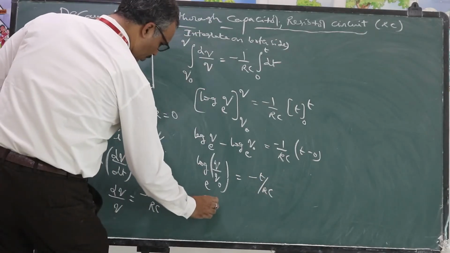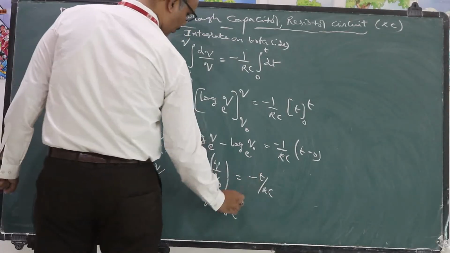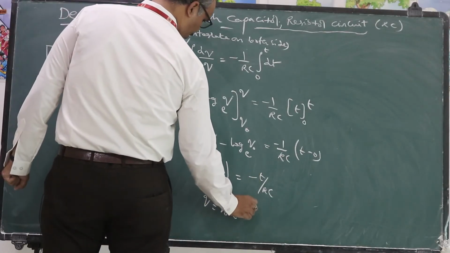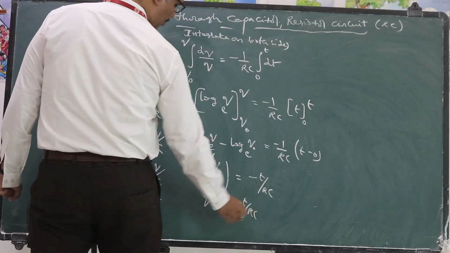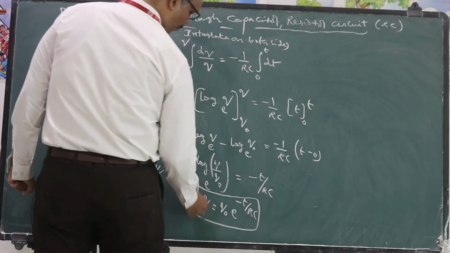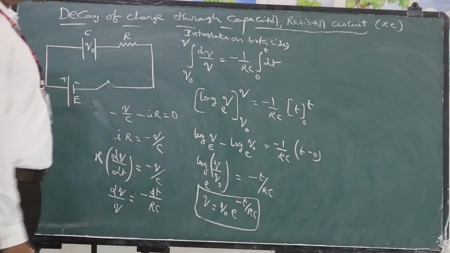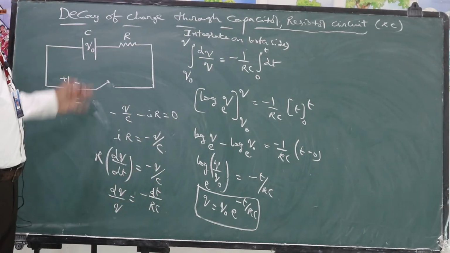Q is equal to Q0 into e to the power minus t by RC, as the logarithmic base becomes the algebraic base here. So this is the trend through which the charge is getting discharged.